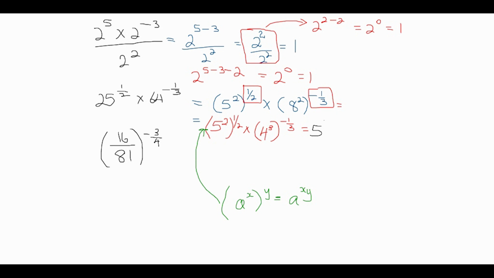So you could leave it as 5 as is, and that's perfectly fine. Or if you're the type of person who wants to write it to the power of 1, you could write it to the power of 1. That's your choice, all right? But I'll just leave it as 5 because I understand that's to the power of 1 already. And then what happens here? 4 to the power of 3 to the power of minus 1/3. What do I get?